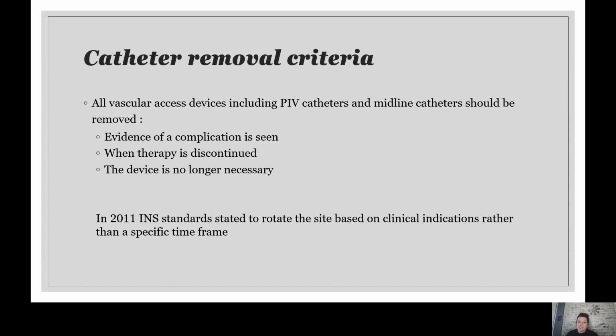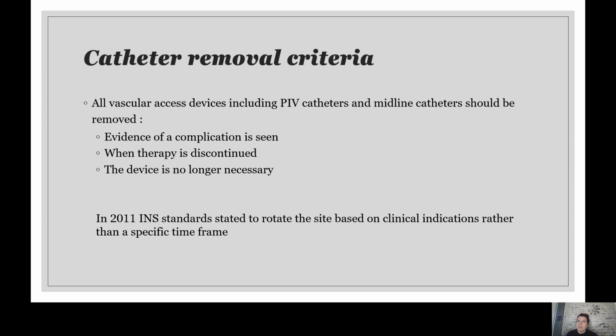So we should be taking out our catheters when evidence of a complication is seen. You do not need an order to discontinue an IV and start another one. When therapy is discontinued and it is no longer needed, then you take it out.